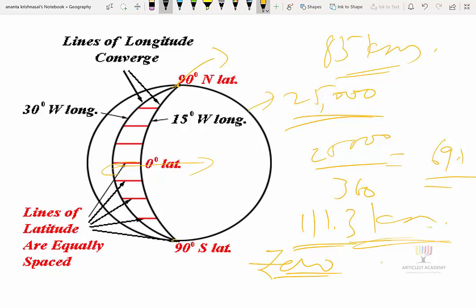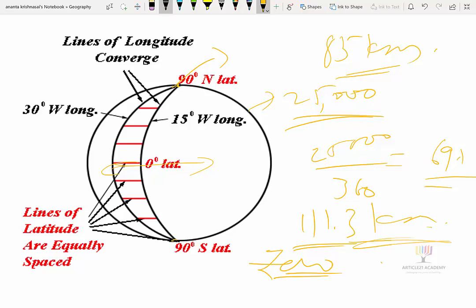You find that their importance shrinks if I look at the distance of the longitude, and hence there is so much difference in length of these degrees of longitude outside the tropics that they cannot be used for calculating distances, as we see in the case of latitude, where we use them for calculation of distances even beyond the tropics because of the least differences in angular distance that we observe.